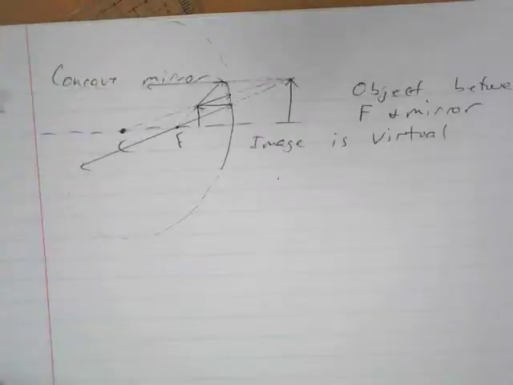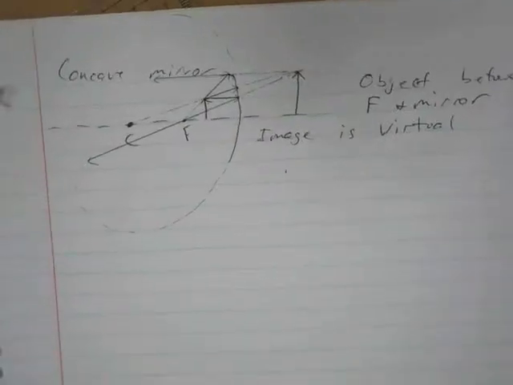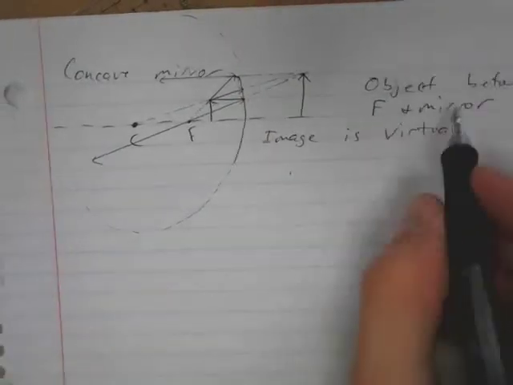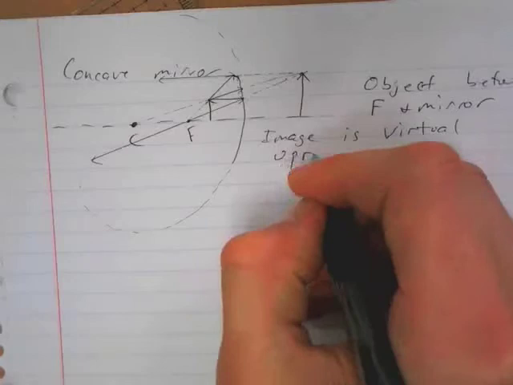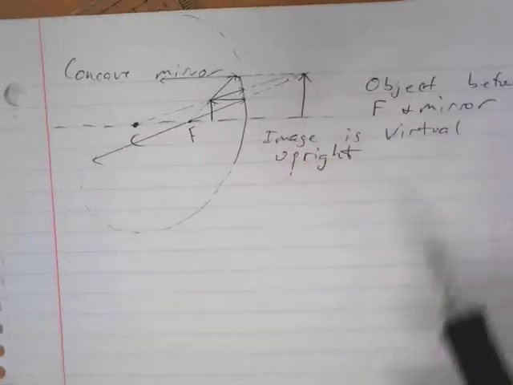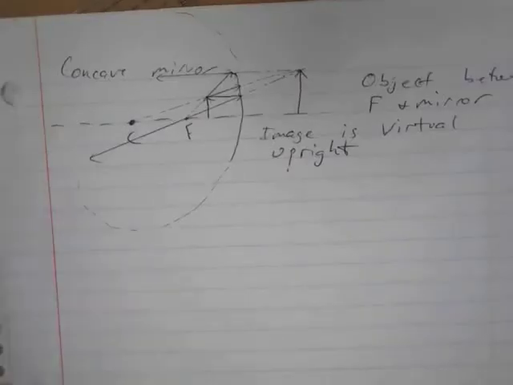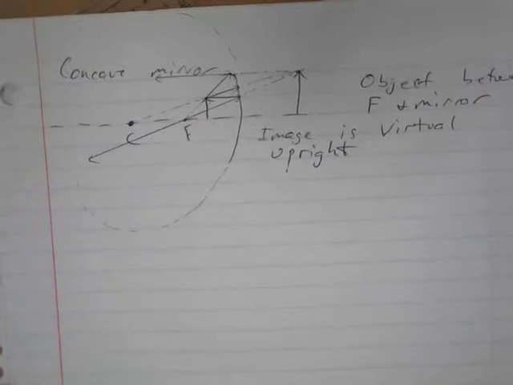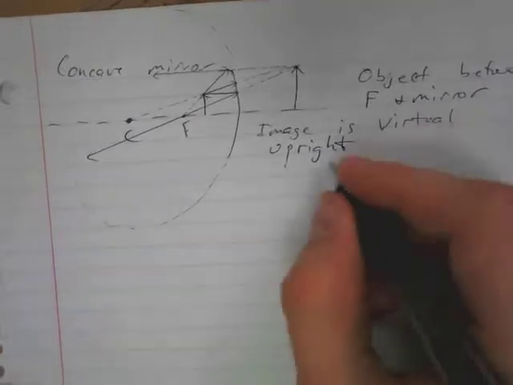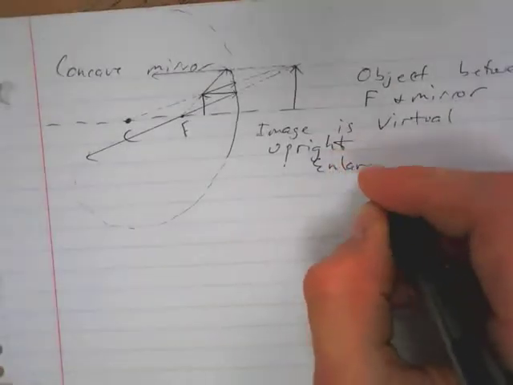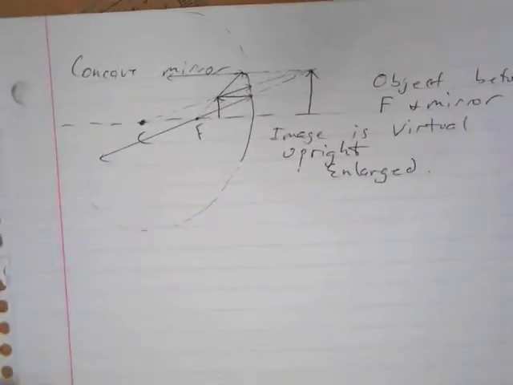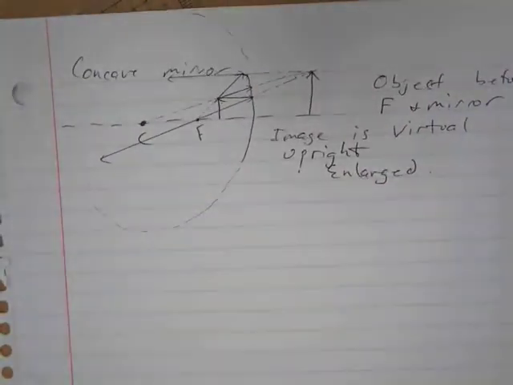The light rays don't actually converge, but they appear to be coming from a source that is behind the mirror. And the image is virtual, it is upright, and it is also enlarged. That's what happens when the object is inside the focal length of the mirror.